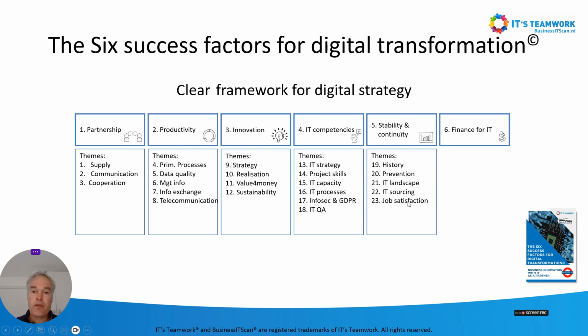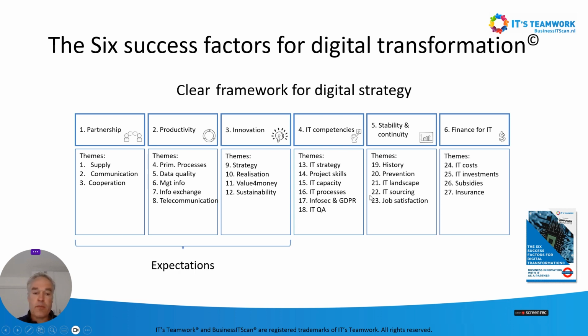So talking about the stability and continuity for a minute, of course, IT landscapes become more and more complex, and various resources are not in-house, not on-premise, but are in the cloud, which requires organizations to manage their vendors properly. That's IT sourcing.